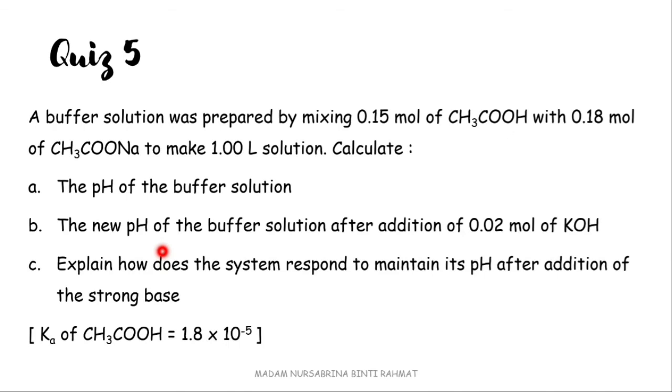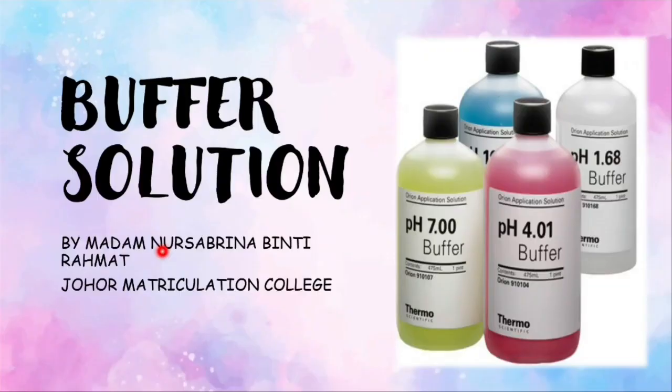Besides calculating the initial pH of your buffer, you also need to calculate the new pH after addition of strong base into the buffer system, and you also need to explain how the buffer system works to maintain its pH. Okay, so make sure to try to answer quiz 4 and quiz 5. We're going to discuss it in our week 17's tutorial.